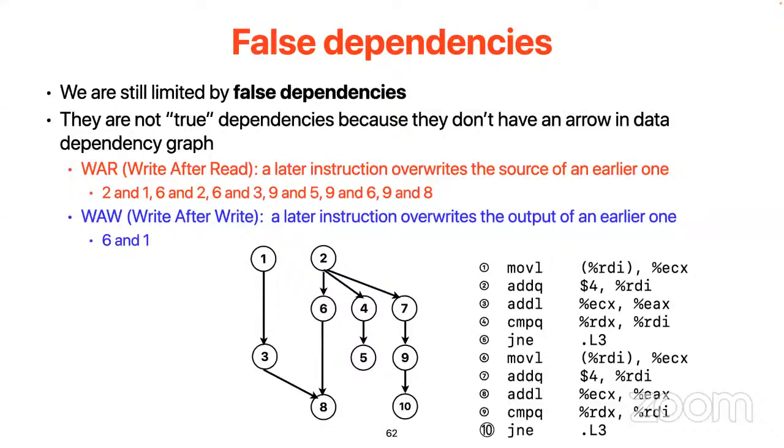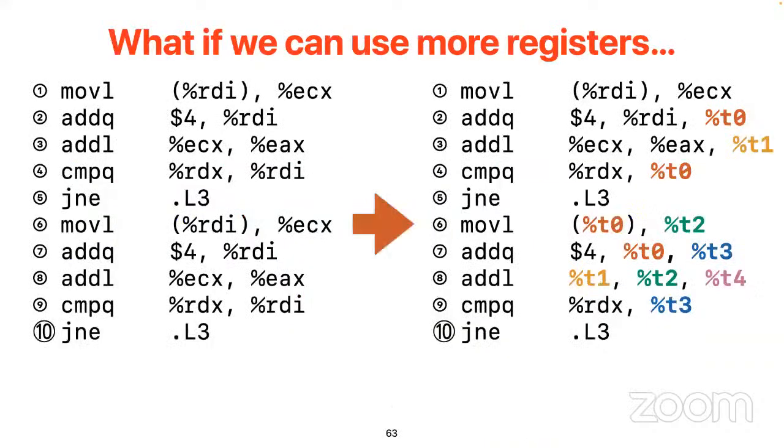However, if you practice a little bit, you will figure out that for this piece of code, we are not allowed to, because there are some false dependencies preventing us from reordering those instructions. And these false dependencies are mainly from the fact that we have a limited amount of registers. So if I can rewrite the code a little bit to use more registers, then it turns out that all the false dependencies would be gone.